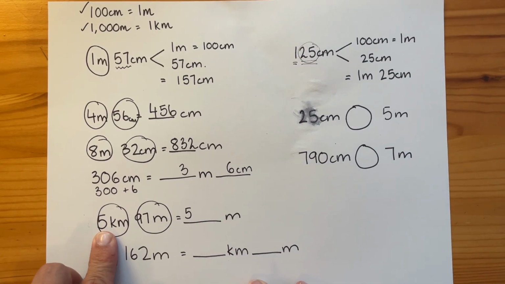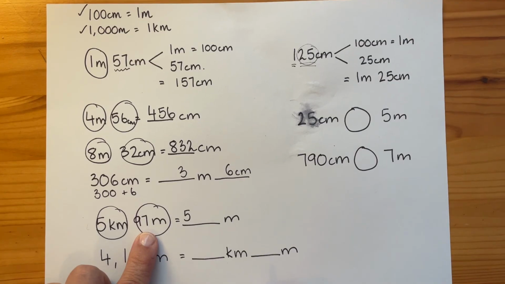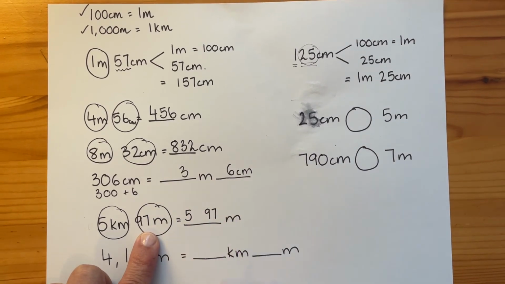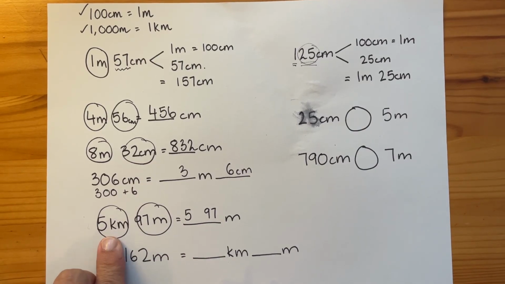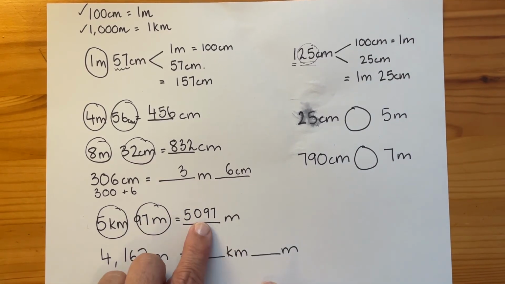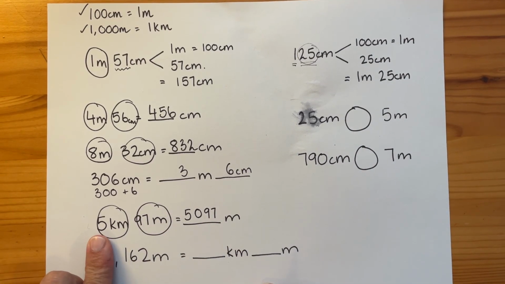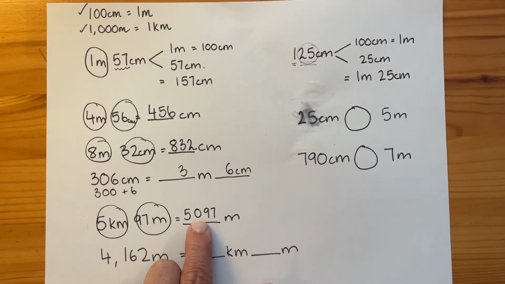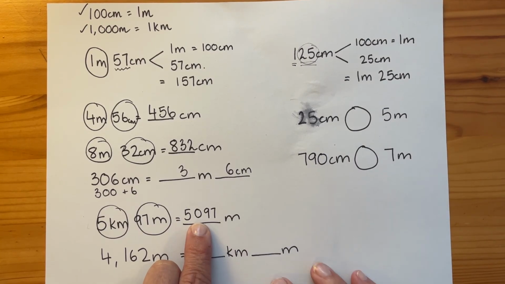So that's going to be in my thousands place. And then I have 97 meters left over. Now be careful here because this number is going to have to be in the thousands. So I don't actually have anything in the hundreds place. It's 5,000 meters with 97 left over. So be careful, that's a little bit of a trick, that one, a little bit of a trap.